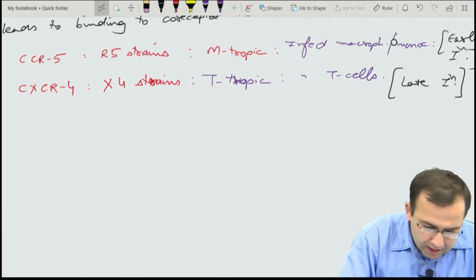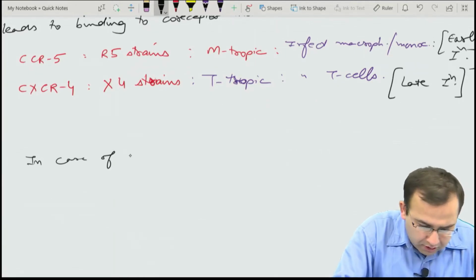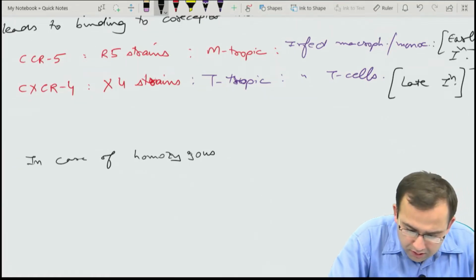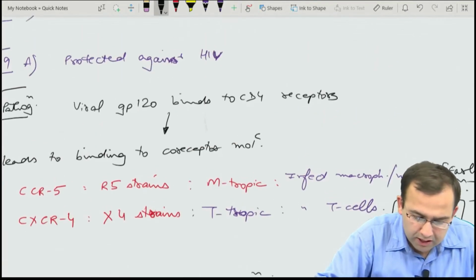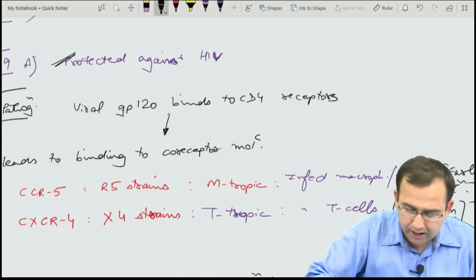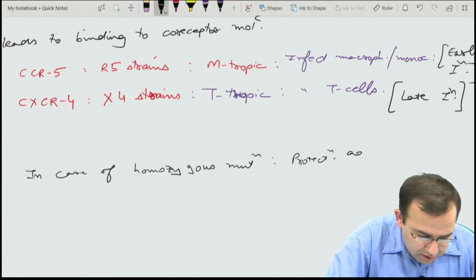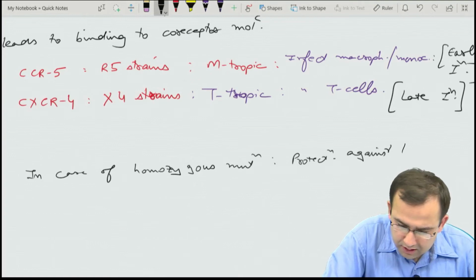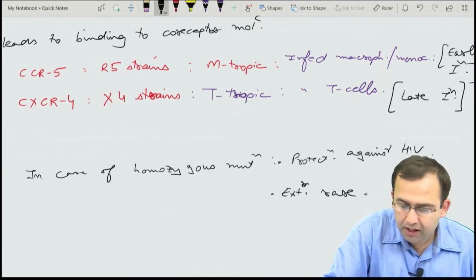In case of homozygous mutation, it is associated with protection against HIV. This mutation, though, is extremely rare.